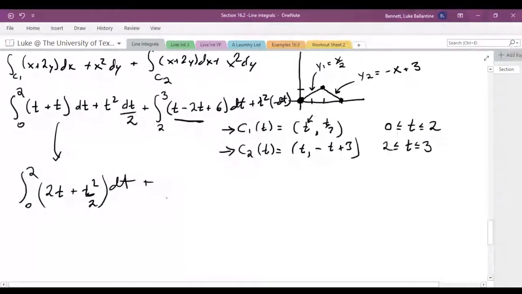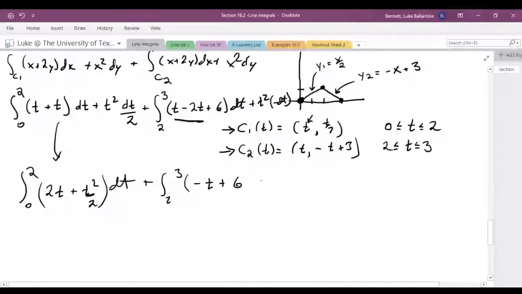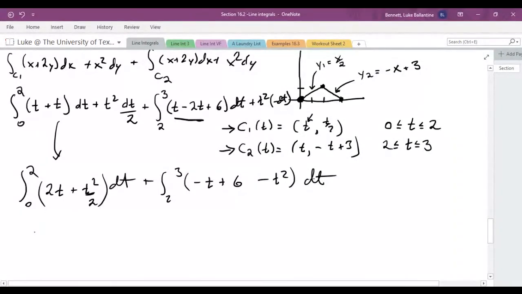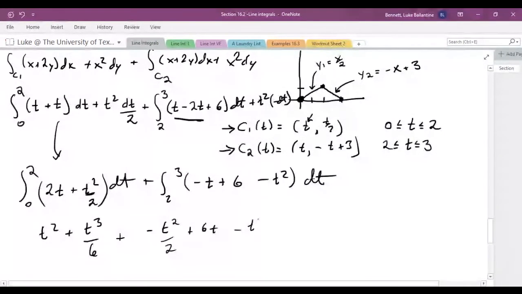So we have plus the integral from 2 to 3 of negative t plus 6 minus t squared dt. Integrating, we get t squared plus t cubed over 6, plus negative t squared over 2 plus t minus t cubed over 3.